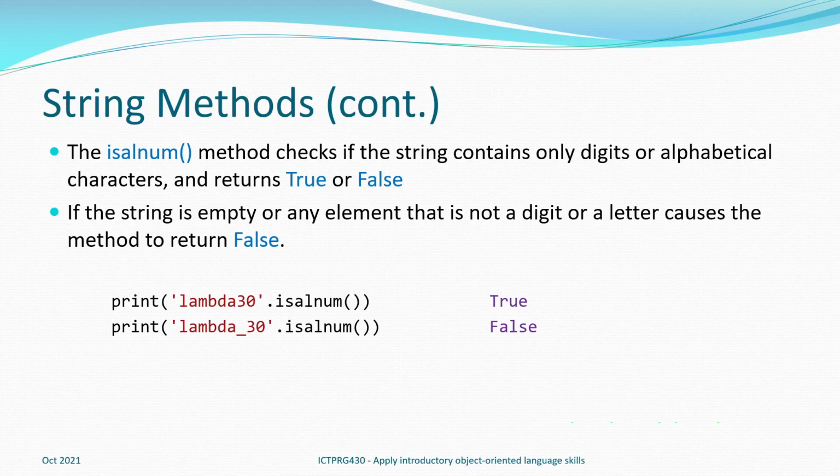If it's only got ABCs, zeros to nines, it will return true. If it has any other character that is not considered an alphabetical character or a number, it will return a false. So in the second example, we have an underscore. This is not considered an alpha character, so it returns a false.